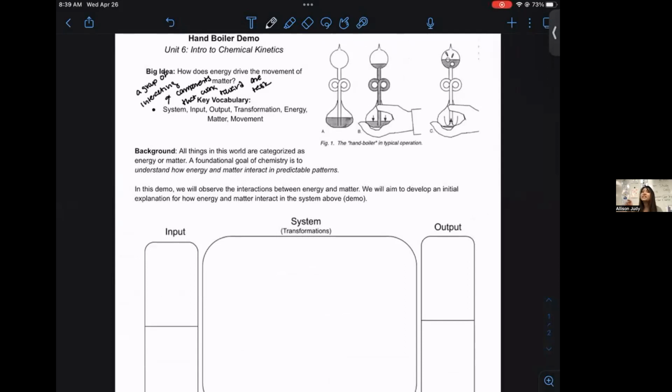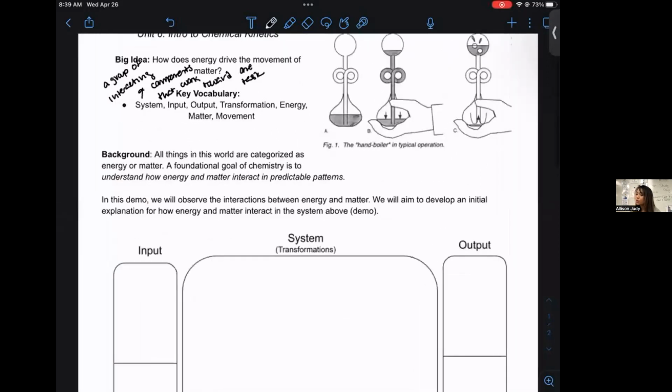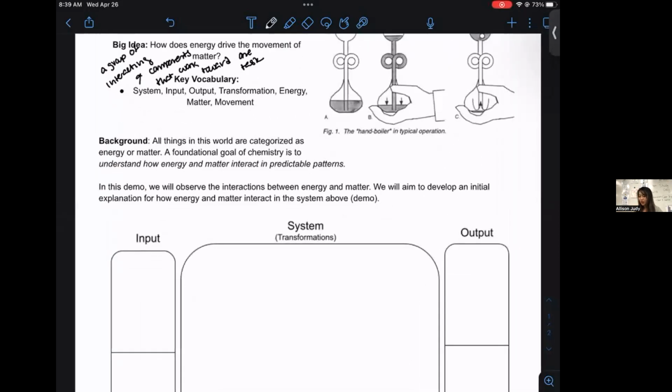Mechanism: how do they interact in the system? And output: what's the end result? What we're going to see is a system that highlights the relationship, or the mechanism, between energy and matter, particularly heat energy and matter.